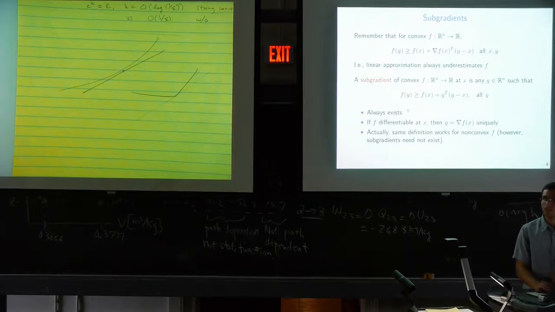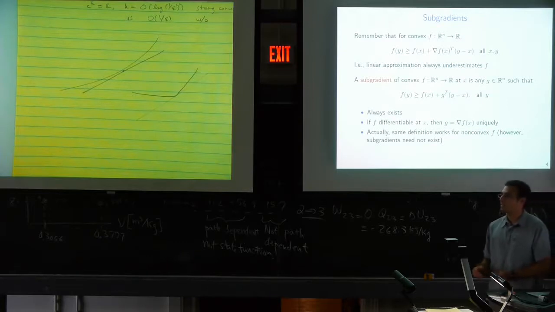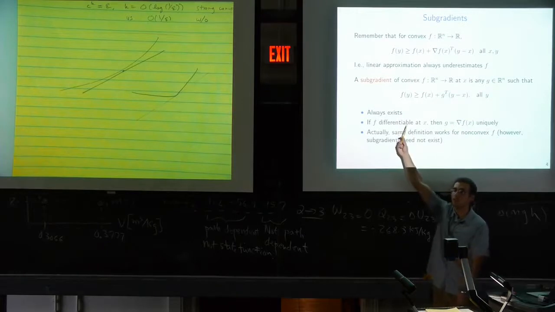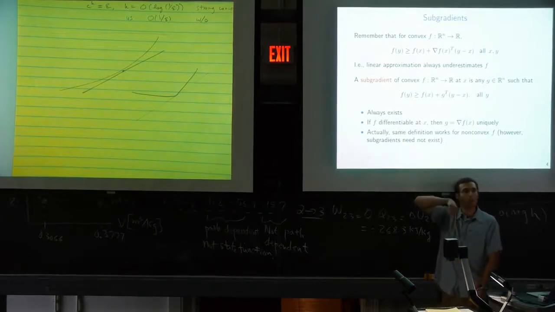So here are some facts. It always exists. I'm being a little bit sloppy here with saying it always exists. It always exists for convex functions on the relative interior of their domains. But usually we talk about convex functions whose domain is all of R^n, so I'm saying it always exists.